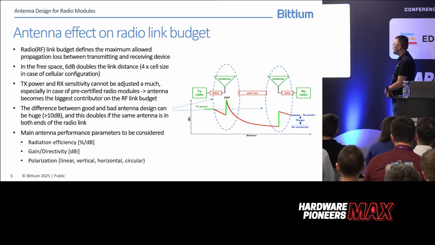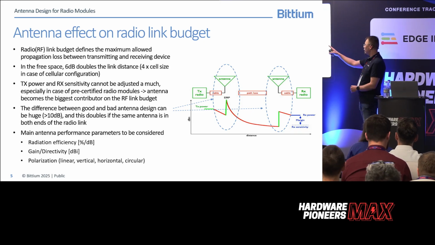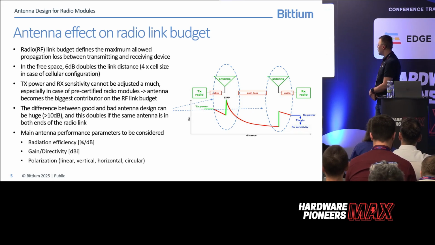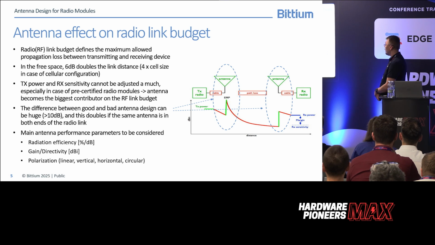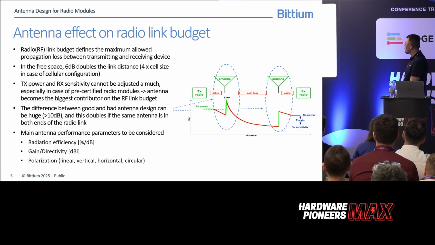and you have some gain for the antenna, and then when the radio transmits over the air, the signal is attenuating because of free space path loss, for example.